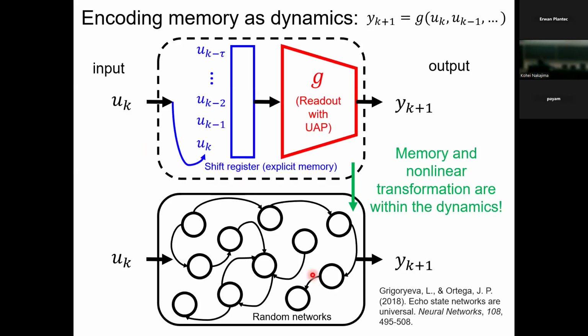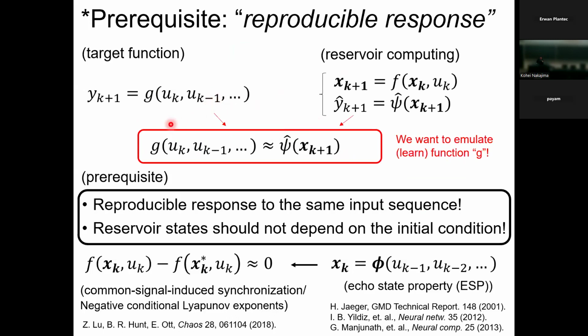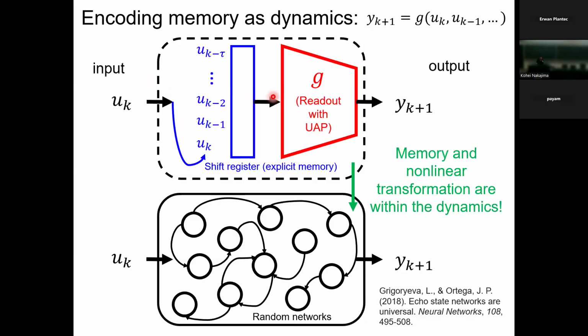This one is a bit different from the echo state property, but the interesting point of reservoir computing is that, as we discussed, our task is to emulate this kind of nonlinear function G, right? For example, if we have a shift register and some readout with universal approximation property, then you can emulate G easily.